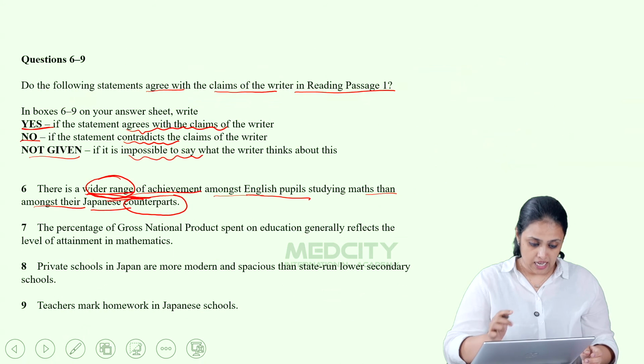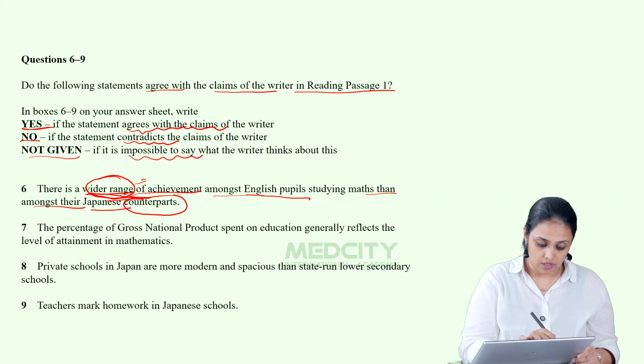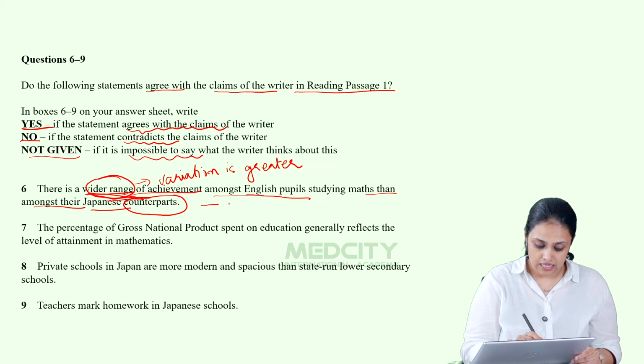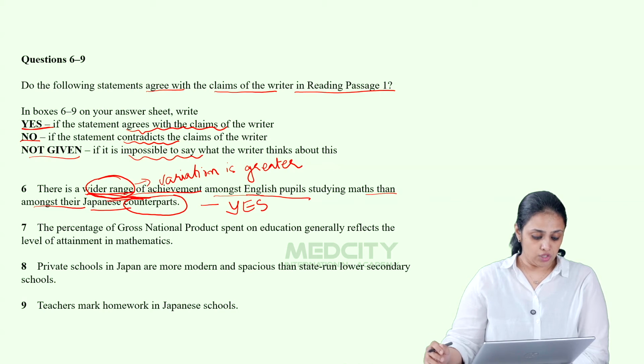In the statement, they have used the words wider range, and in the passage, the writer used the word variation. Variation is greater. That is what the writer claims, which means that this is definitely yes. Now we shall move on to the next question.